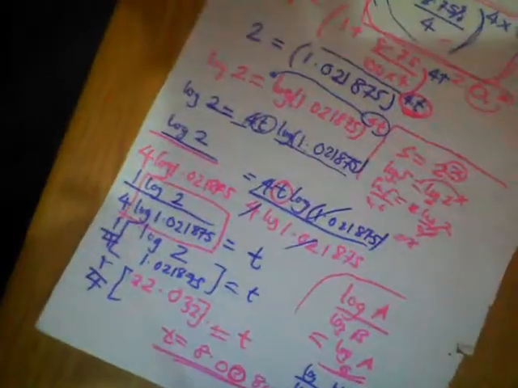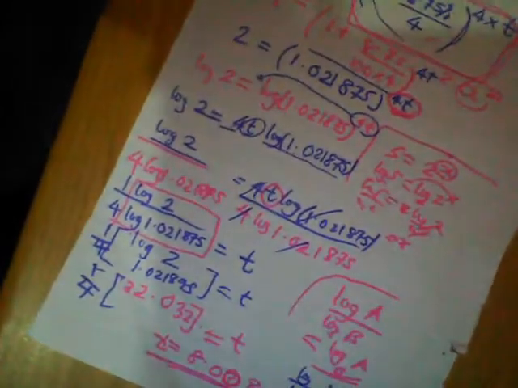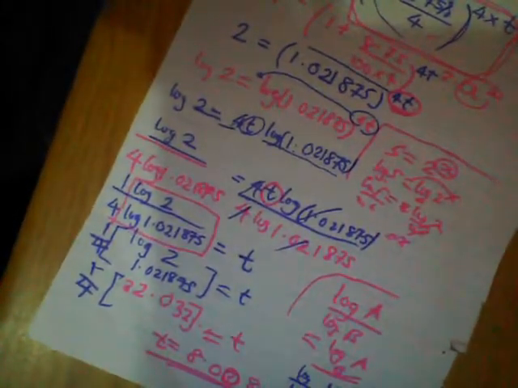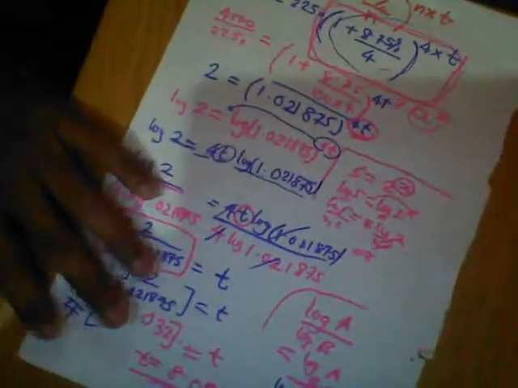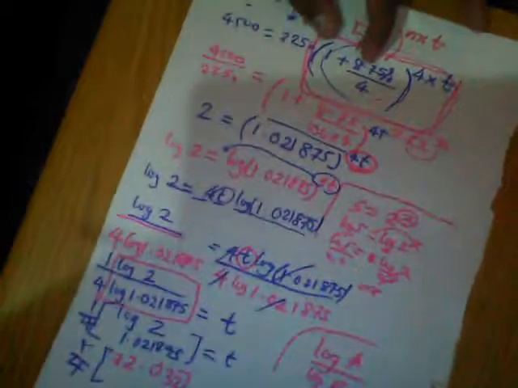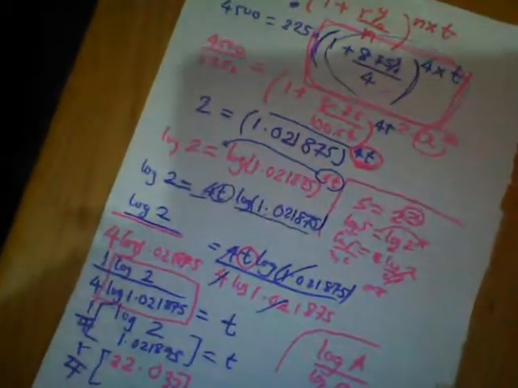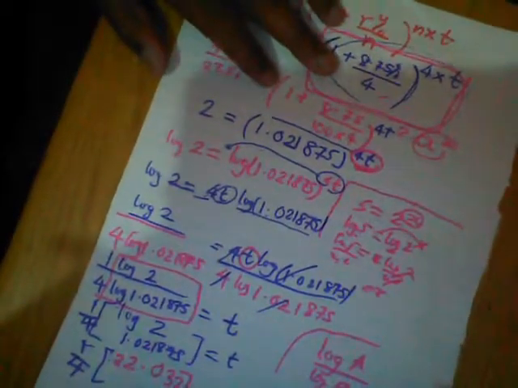So this is the time, but in years. This is the amount of time it's going to take for this amount to double, for the given interest rate, which is 8.75, if this amount was quarterly compounded.